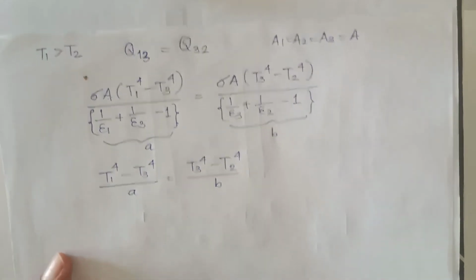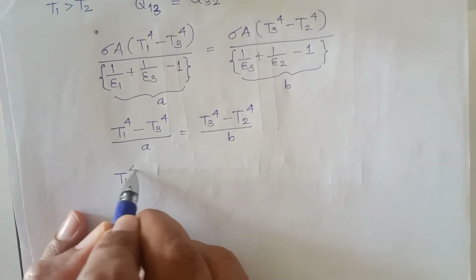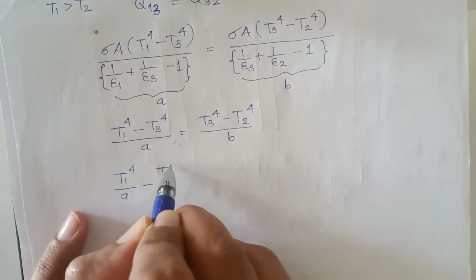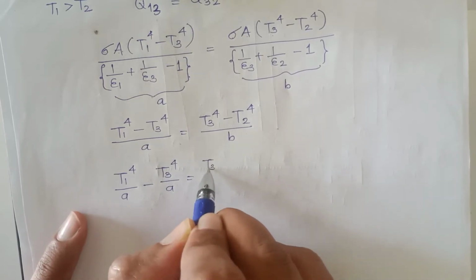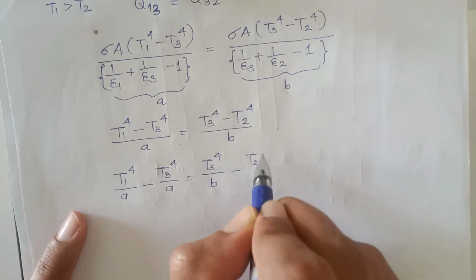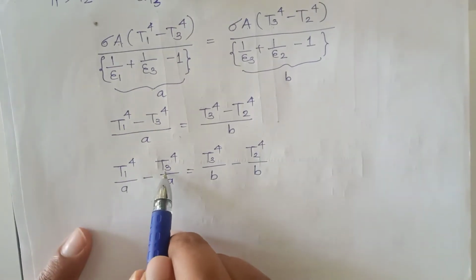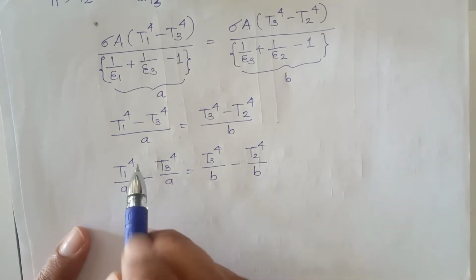Now let us separate the denominator. So what do we get over here? T1 raised to 4 upon a minus T3 raised to 4 upon a. It will be equal to T3 raised to 4 upon b minus T2 raised to 4 upon b. Let us take this negative T3 term on the other side and this negative T2 term on the left side.